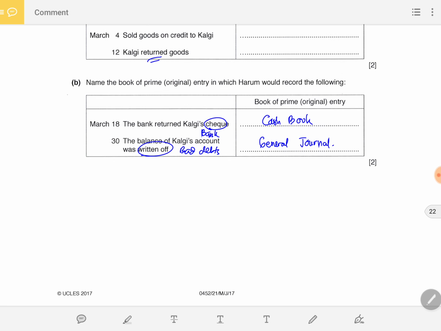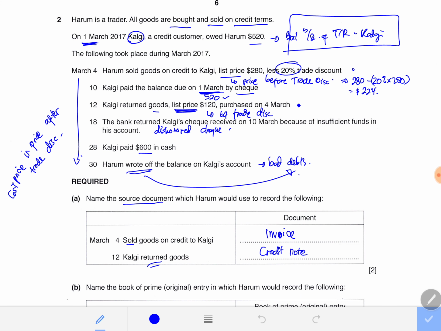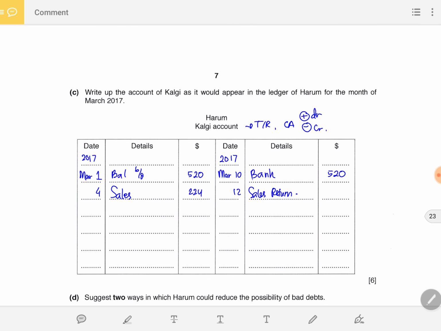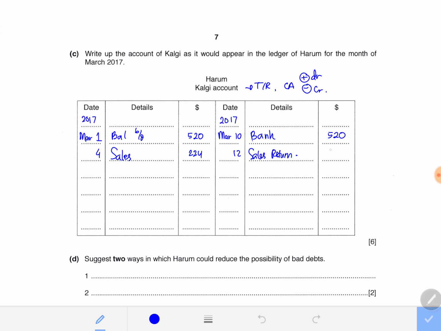But how much is the amount? Remember, this has a discount. So we calculate 120 minus 20% times 120, which equals 96. So I put 96 here.